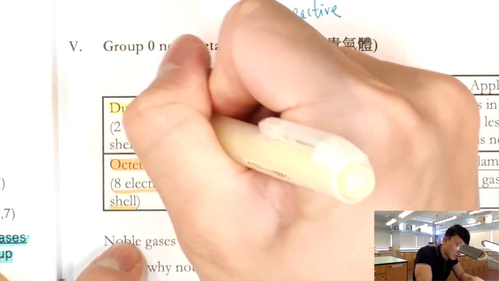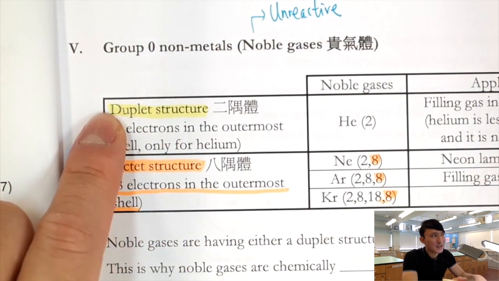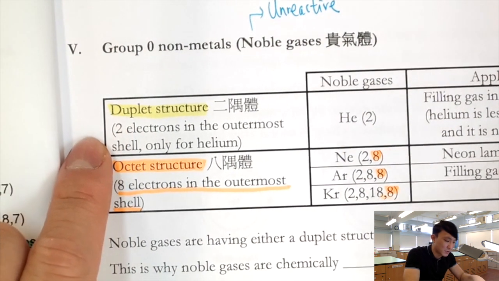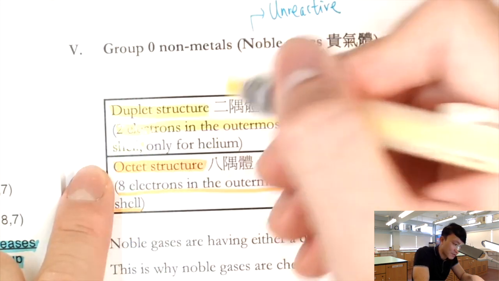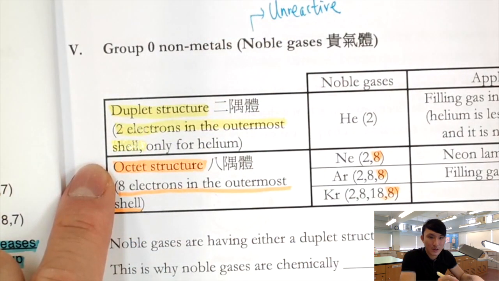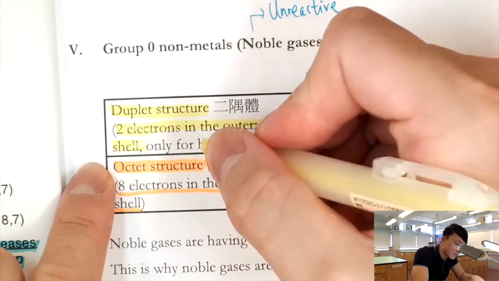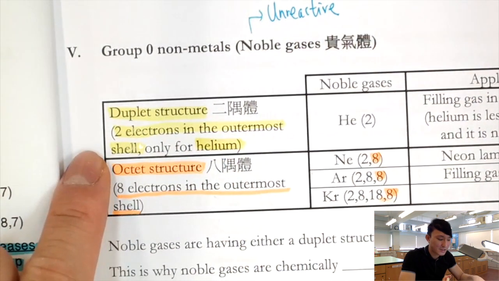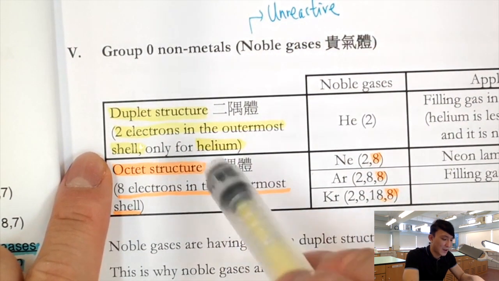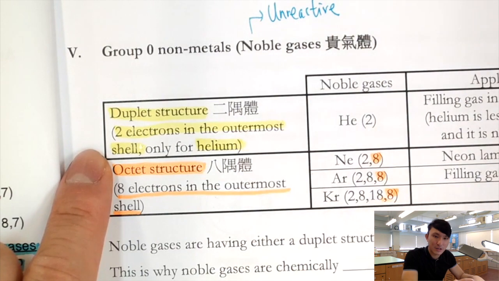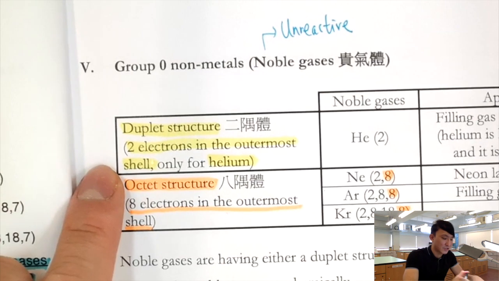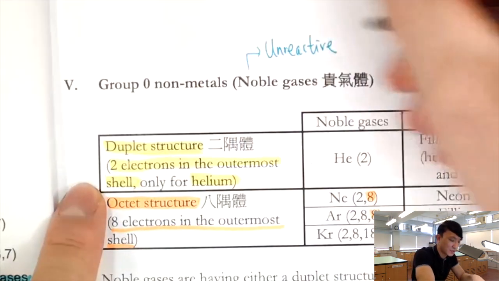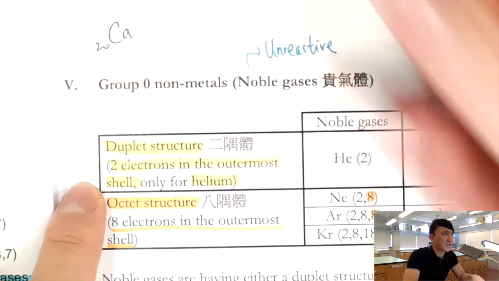So a doublet structure, basically, dub means 2. It's like double, right? So doublet structure basically means 2 electrons in the outermost shell. Okay? However, this one is only exclusively for helium as an element. Alright? Now, why does it have to do with the exclusiveness only for helium? Because some elements such as, for example, calcium, which is number 20, isn't it?